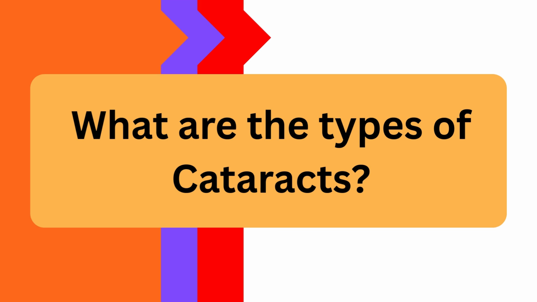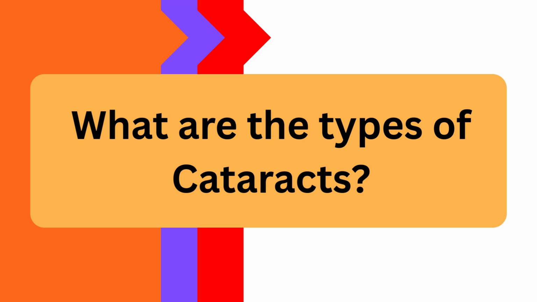The third one is metabolic cataracts. These metabolic cataracts may be due to diabetes. As usual, many patients having diabetes are prone to develop cataracts at an early stage. Then the other type of cataract is complicated cataract or secondary cataract.